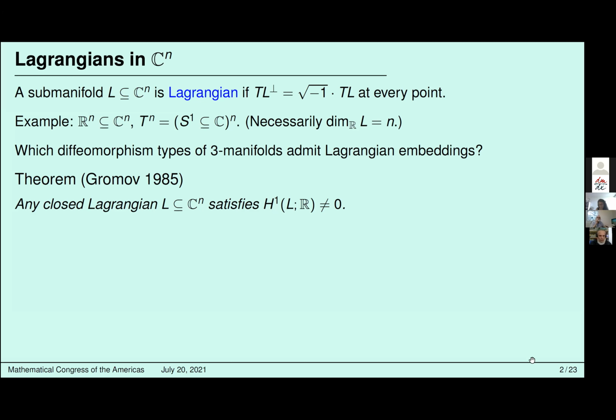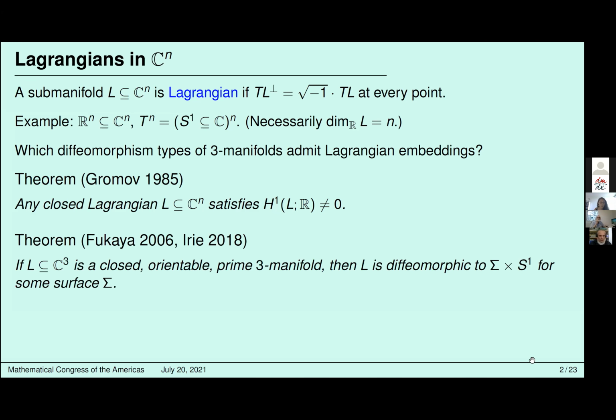Since Gromov, we've built up more and more sophisticated tools to study this sort of question. One of my favorite is a result due to Fukaya, with some important details also due to Eliashberg.